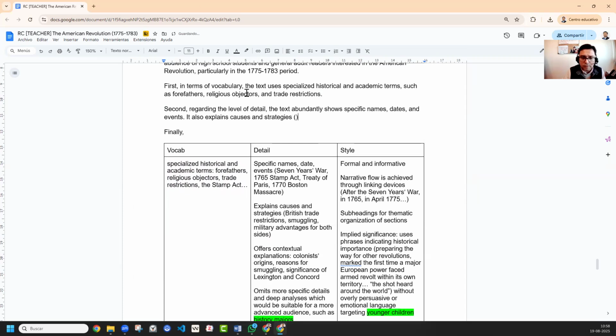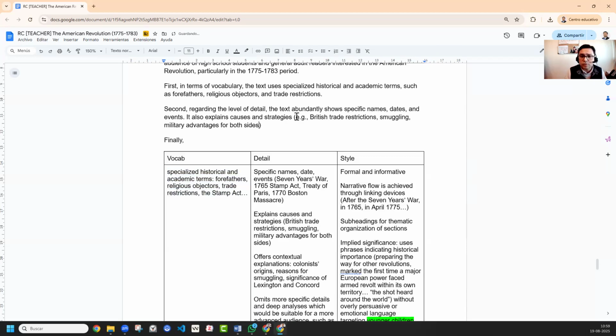Okay, we're going to include these examples with e.g., British trade restrictions, smuggling, and military advantages for both sides, and offers contextual explanations.